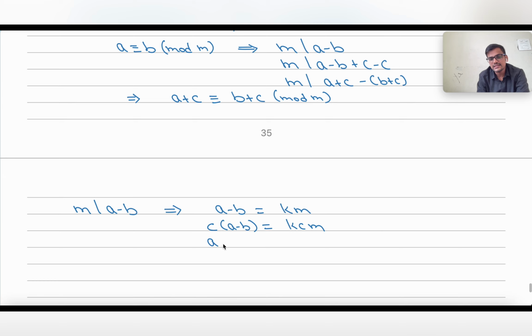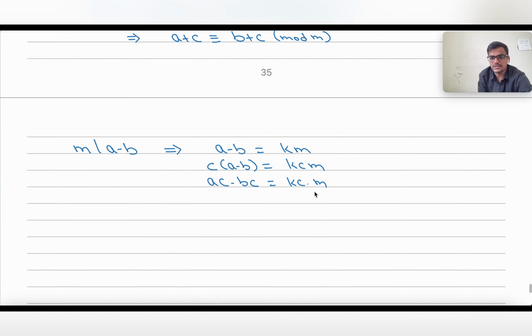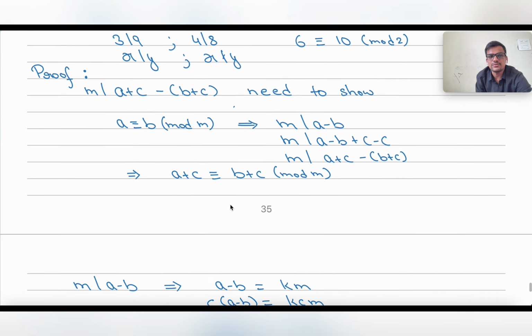And this is nothing but AC minus BC, and that is equal to KC into M. So still this AC minus BC is nothing but a multiple of M. And multiple of M means what? This will imply M will divide AC minus BC, and this will imply that AC is congruent to BC modulo M. I hope you understand this proof, right?